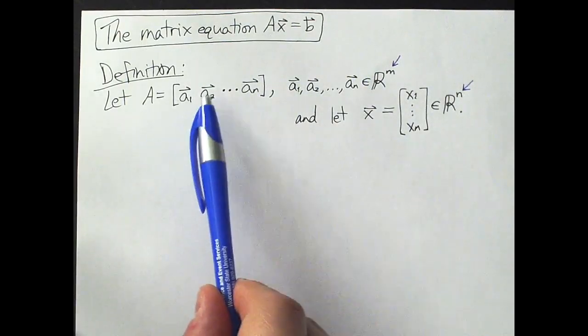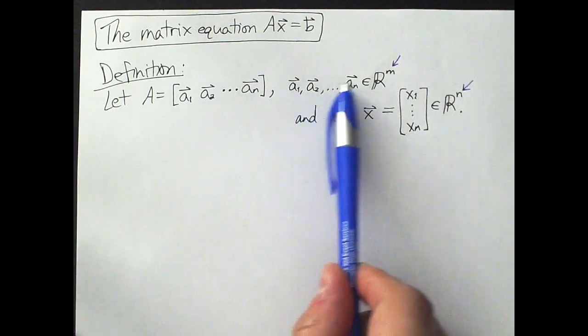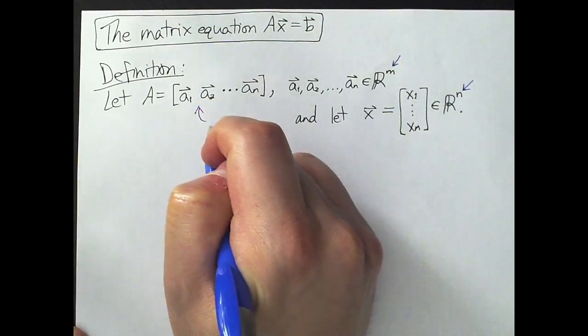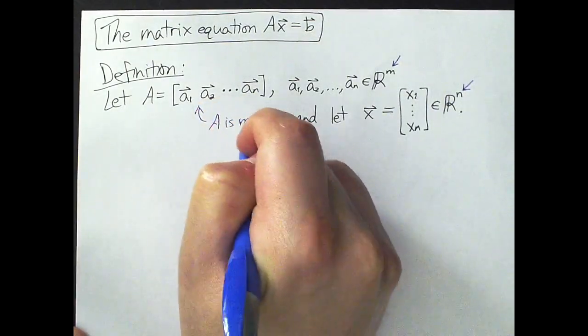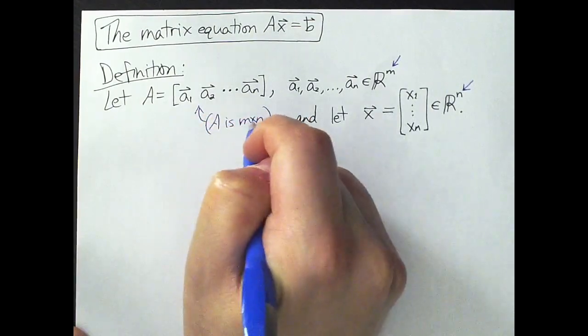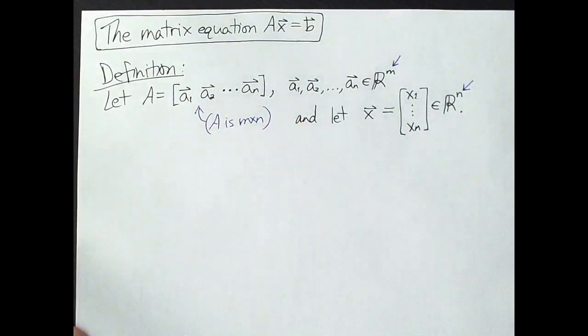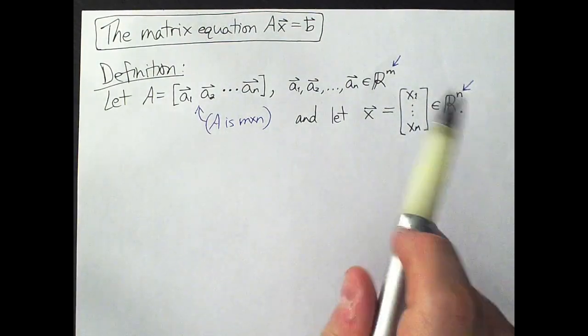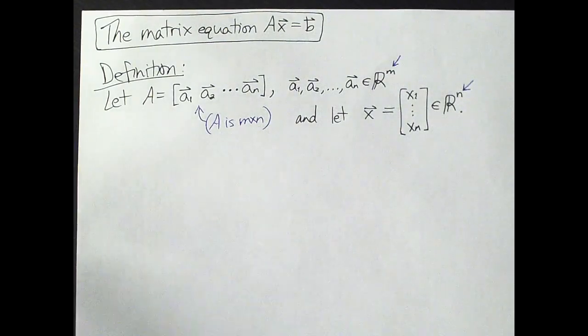It has n columns, and each one of them has m entries. So we could say that A is m by n, if we were talking about the size of the matrix: m rows and n columns. And then X is just a column vector with n entries, so it lives in Rn.